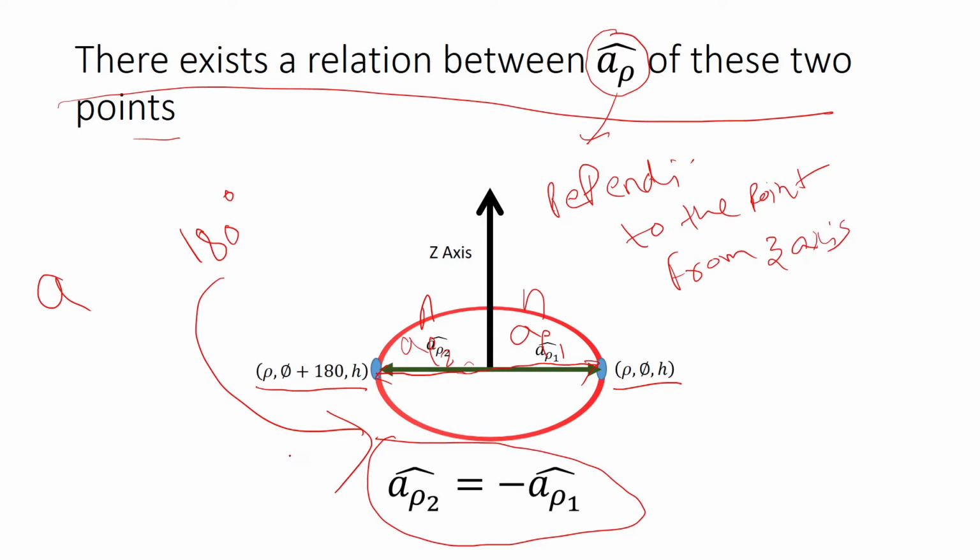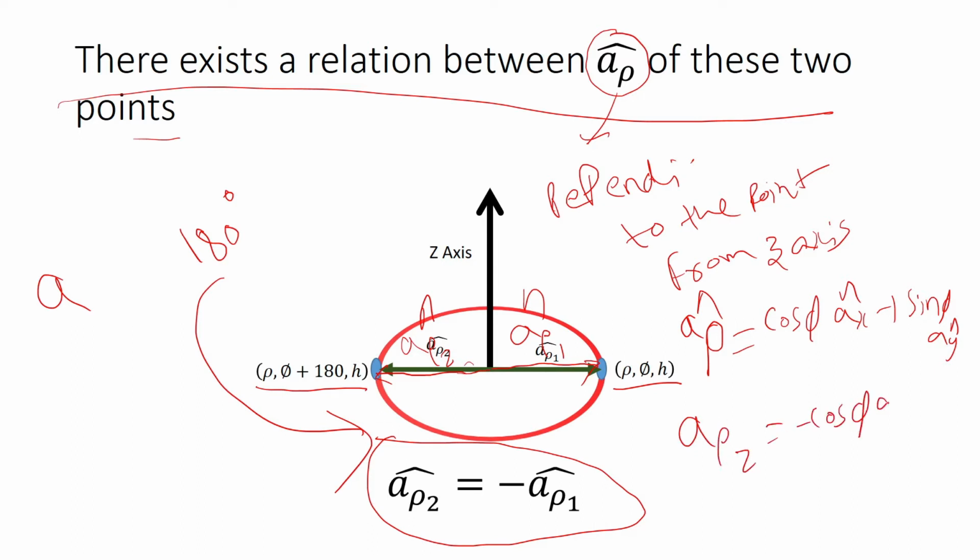You can even verify this using the relationship between the unit vectors, where a rho cap equals cos phi ax cap plus sin phi ay cap. If there is a 180 degrees phase shift, then a rho 2 would be minus cos phi ax cap minus sin phi ay cap. This is nothing but minus of a rho 1 cap.